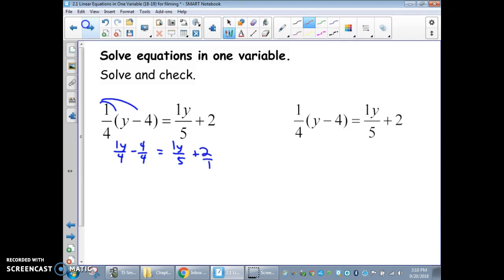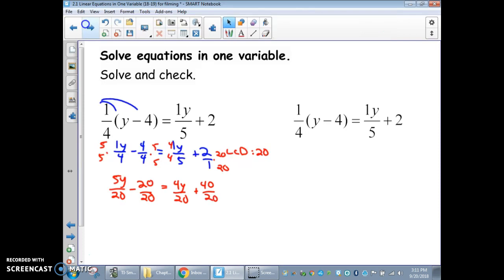If we focus on our common denominator, in this scenario for 4, 5, and 1, our common denominator would be 20. And so getting equivalent fractions, we'd have 5y over 20 and negative 20 over 20 equals, multiplying by 4 over 4, will give us 4y over 20, and 20 over 20 will give us 40/20.